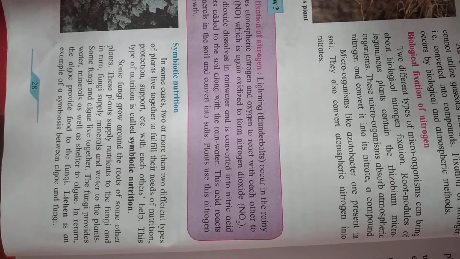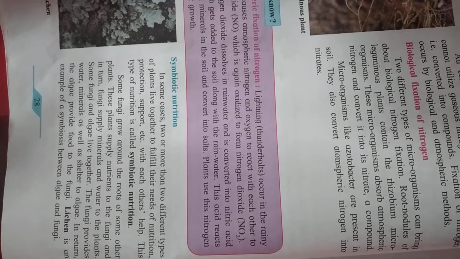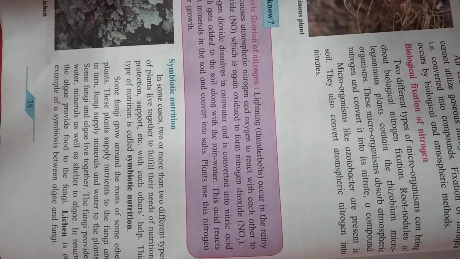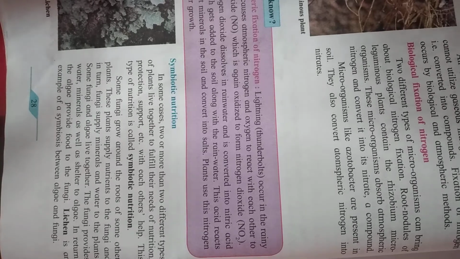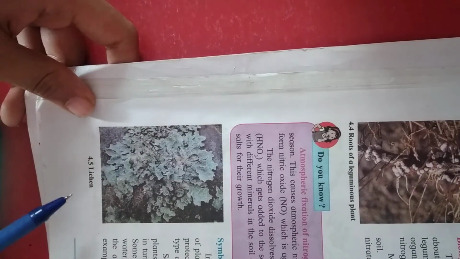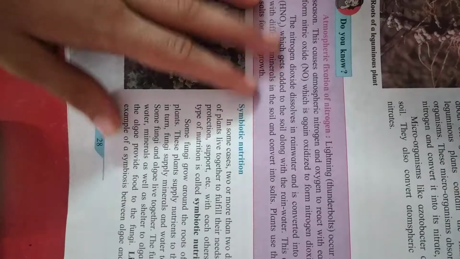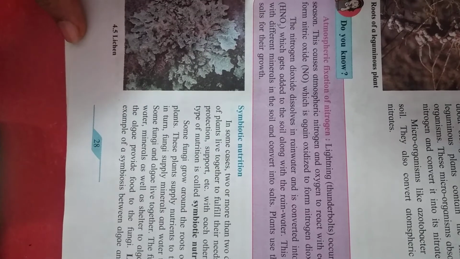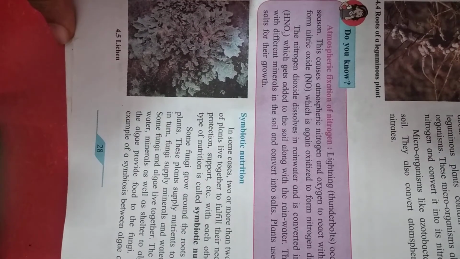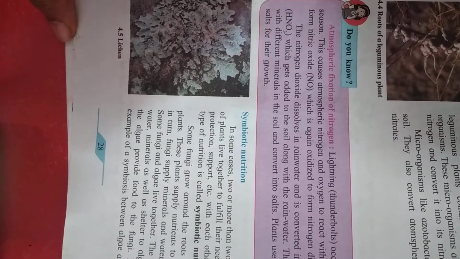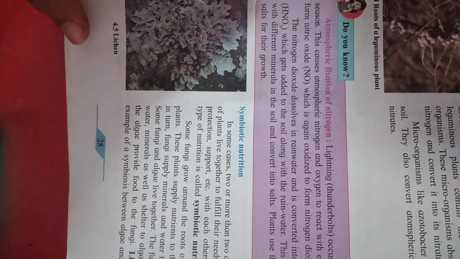In some cases, two or more different types of plants live together to fulfill their needs of nutrition, protection, and support with each other's help. This type of nutrition is called symbiotic nutrition. Lichen is an example of a symbiosis between algae and fungi.